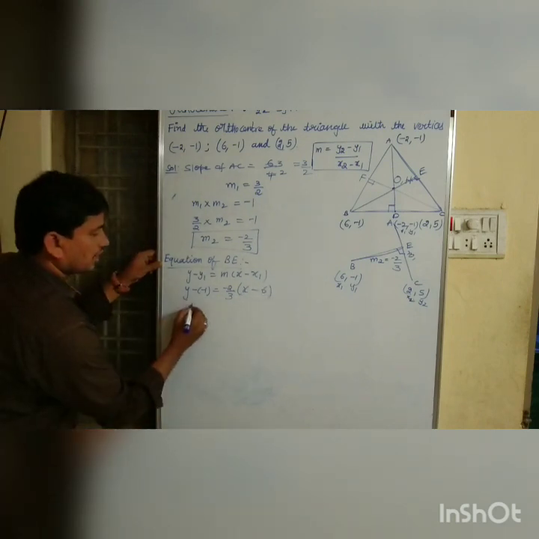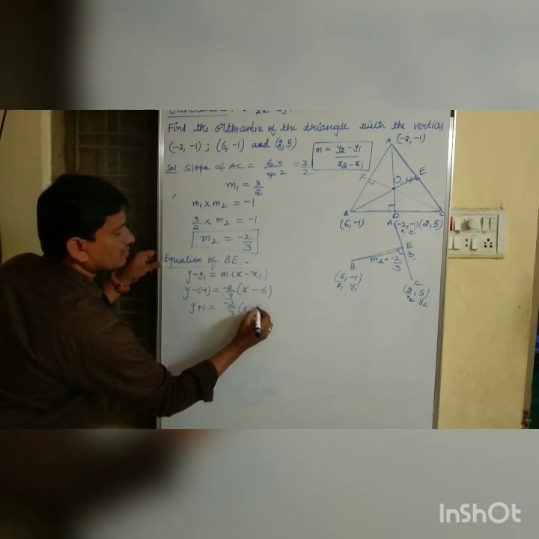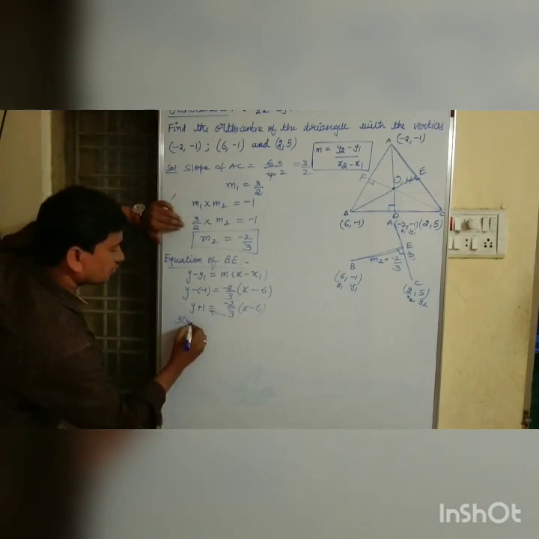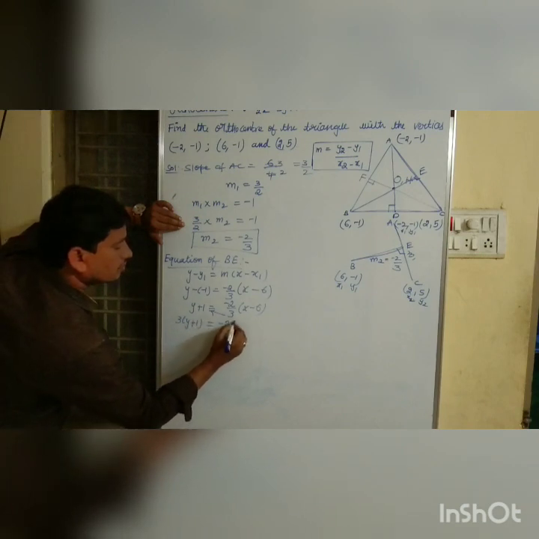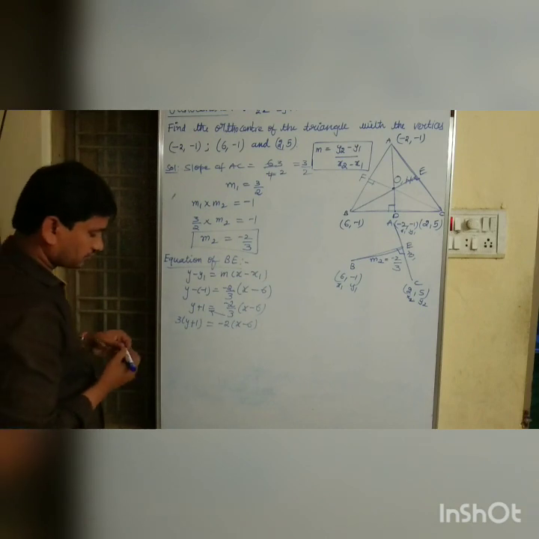I mean, y plus 1 equal to minus 2 by 3 into x minus 6. Cross multiplication: 3 into y plus 1 equal to minus 2 into x minus 6.